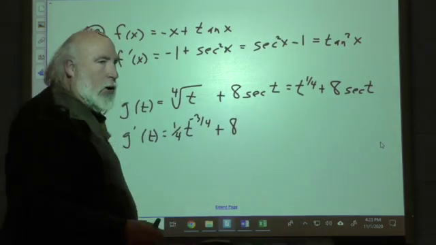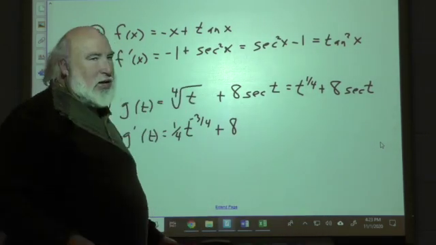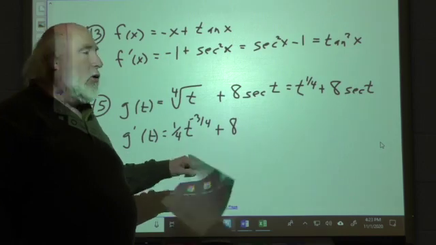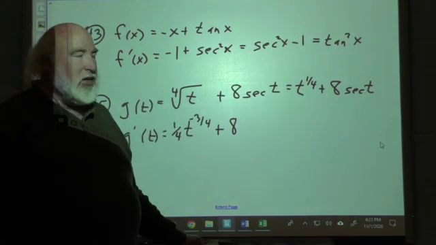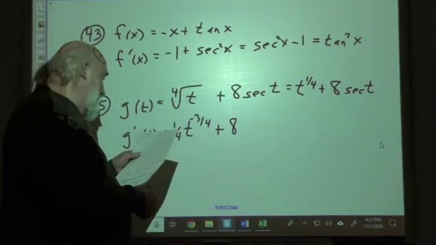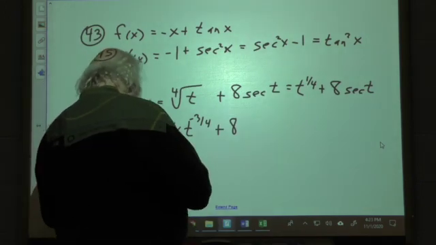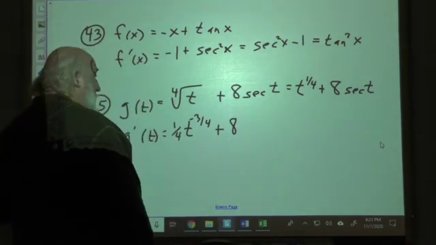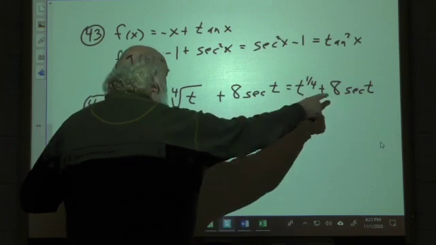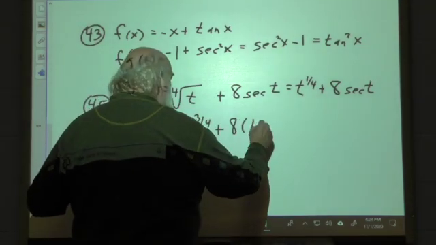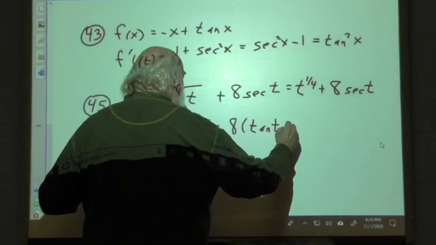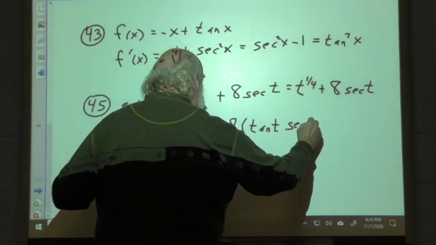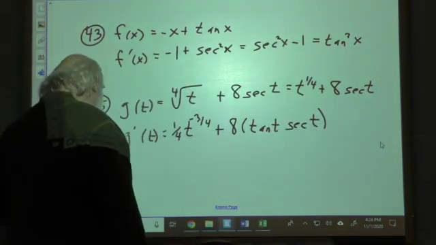Don't make it a 0. It goes plus 8 times the derivative of secant of t. Because it's multiplying the secant of t, you don't mess with it, just leave it. The derivative of secant t is the tangent of t times the secant of t, or the other way around. I don't really care.